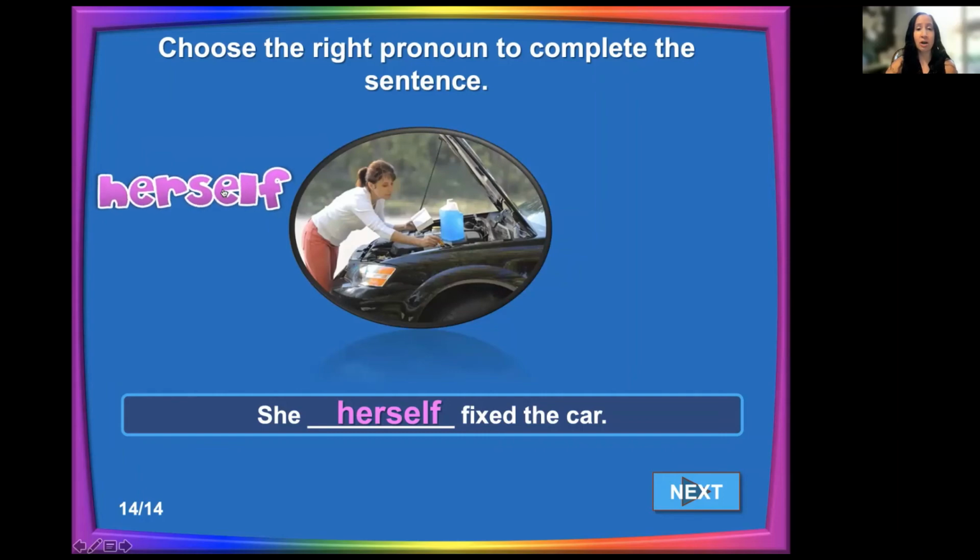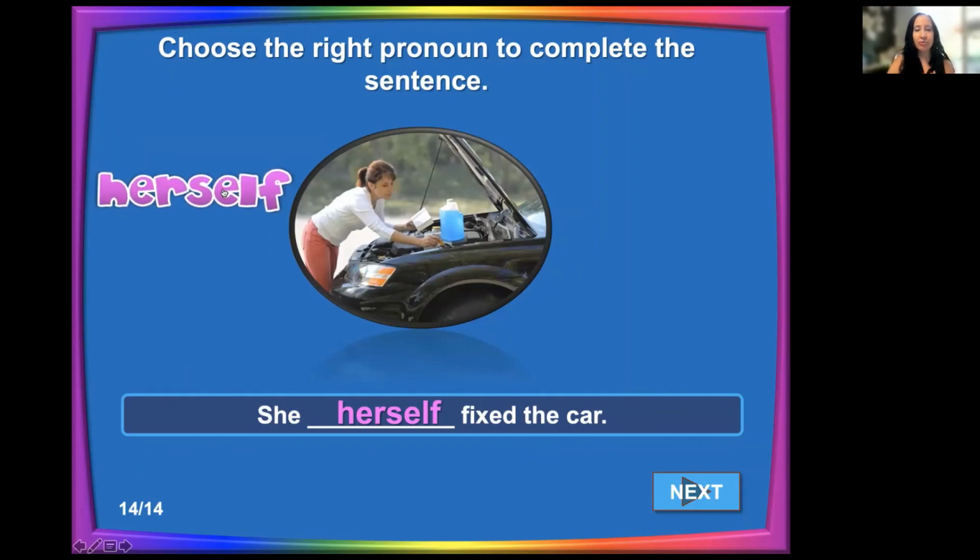She fixed the car. That's okay. We can say that. She fixed the car. That makes sense. If we say she herself fixed the car, that's an intensive pronoun. That means we just want to make it intensified, make it more exaggerated. To say, wow, she did that. She actually fixed the car.